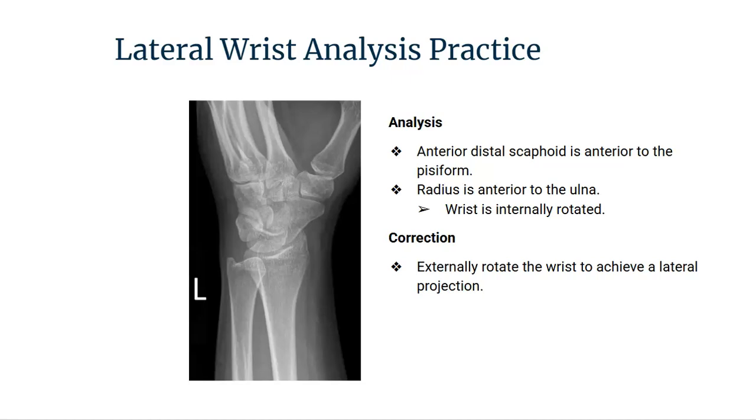We don't even see the pisiform at all, hardly. Also, you can see that the radius and ulna, their relationship, they are not superimposed. So therefore, this wrist image is indicative of more of an external oblique rather than a lateral projection. So how do we correct this? We need to externally rotate the wrist to achieve that lateral projection.